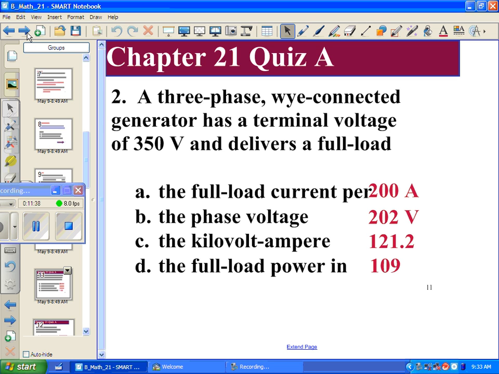Three-phase Y-connected generator has a terminal voltage of 350 volts and delivers a full load. I wish it told us the rest of the slide. I can do.